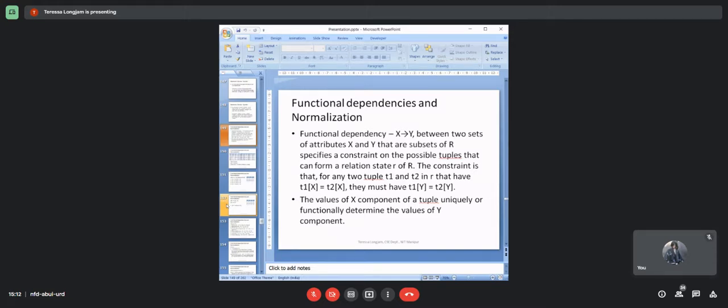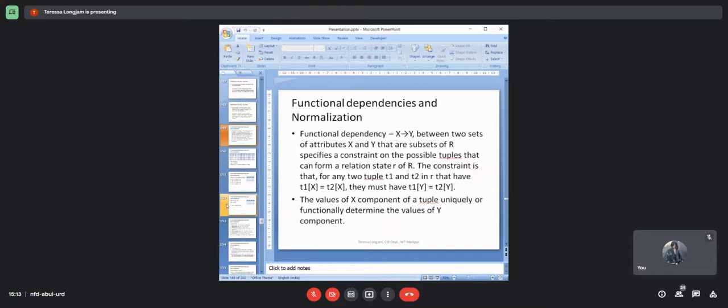Another insertion anomaly: say there is a department, department number one. For this department, the name of the department is, say, CSC, and then there is other information about the department, say department manager SSN, department manager start date.